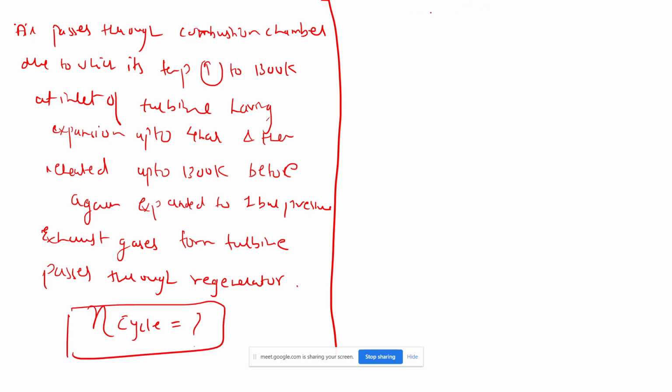So I will draw the problem for you, that is the temperature-entropy curve.